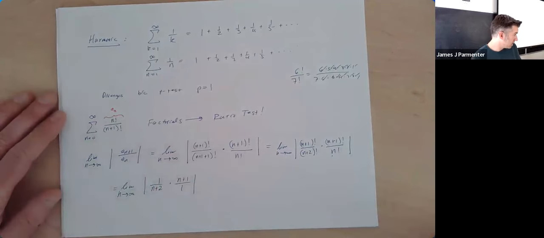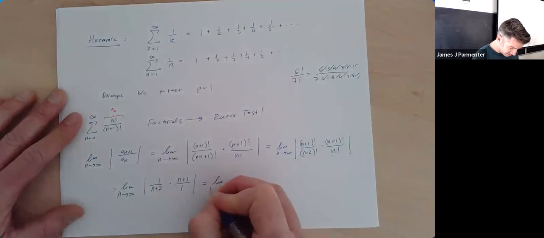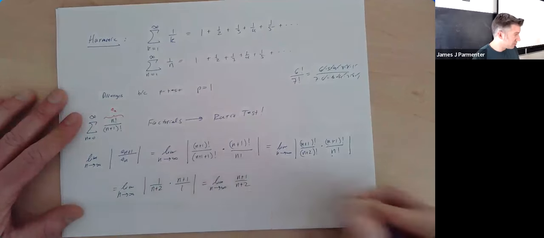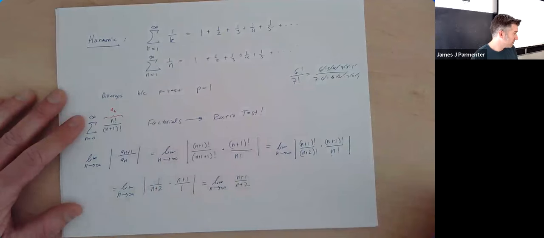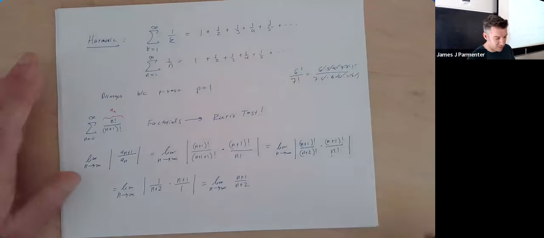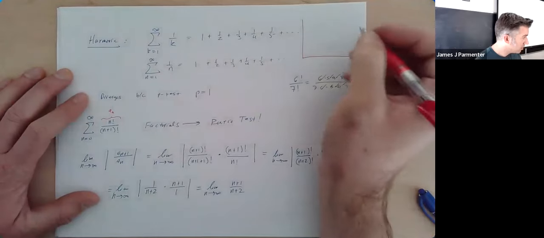And this is disappointing because what's the limit of n plus 1 over n plus 2? It is an infinity over infinity type, but what is the limit equal to? We know the answer here. Think back. Let me ask you a different question that will remind you that you know the answer. It is 1.